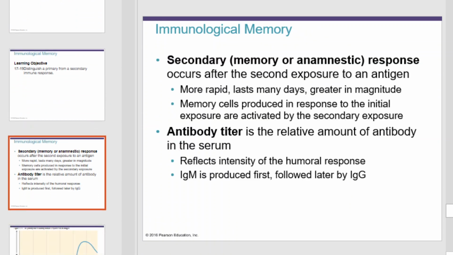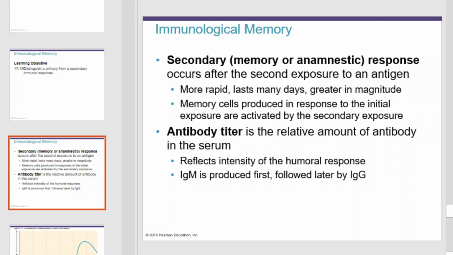Immunological memory. The secondary response occurs after the second exposure to an antigen. It typically is more rapid, lasts many days, and is greater in magnitude than a primary response. Memory cells produced in response to the initial exposure are activated by the secondary exposure.